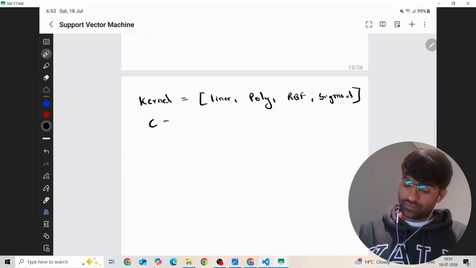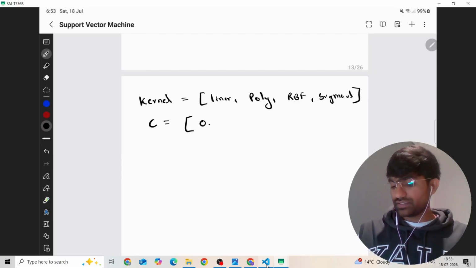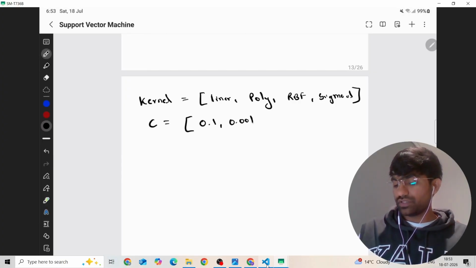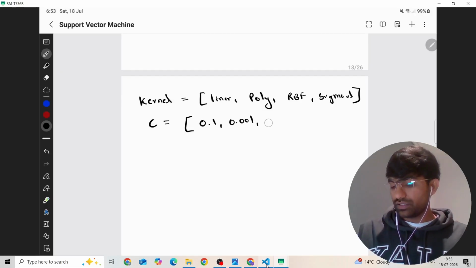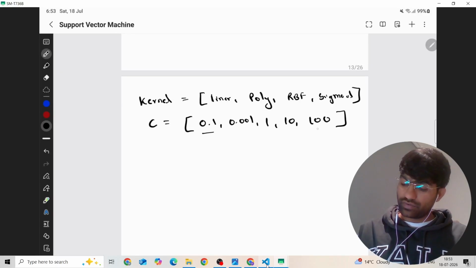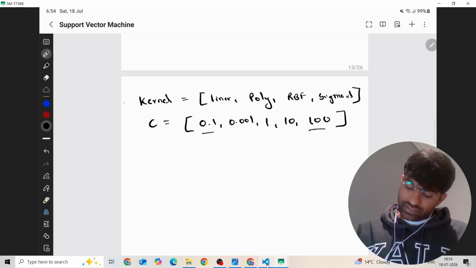For the C value, again I will give 0.1, 0.001, 1, 10, 100, from lower value to higher value. So these are grids.